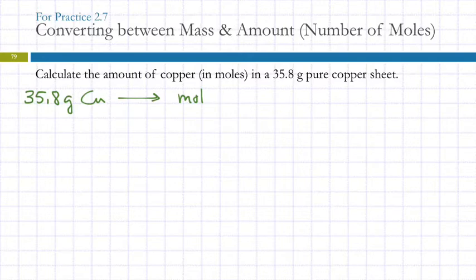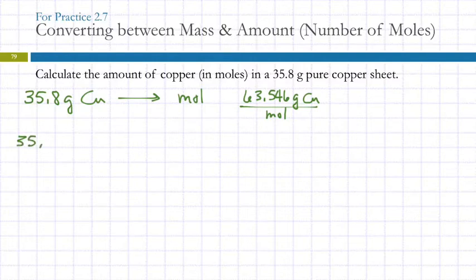What we need is the molar mass for copper. So we look at the periodic table. This one says 63.546. 63.546 grams of copper per mole. Or you can say 63.546 grams of copper equals 1 mole. It's the same thing.